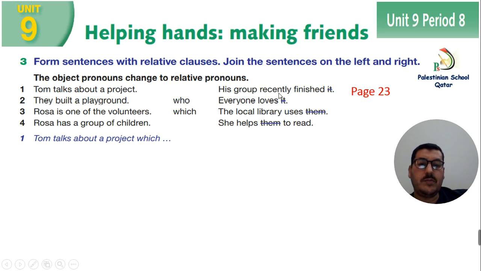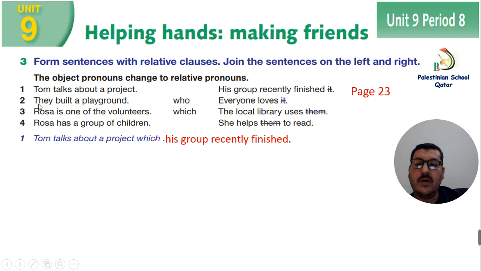His group recently finished it. So it refers to a thing, not a human, so we remove it and put which instead. So Tom talks about a project which his group recently finished.